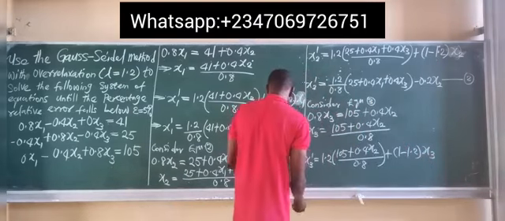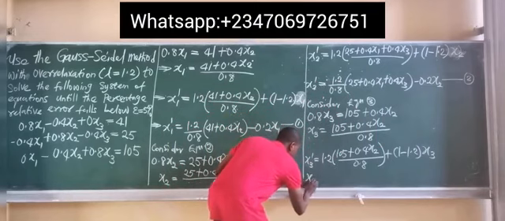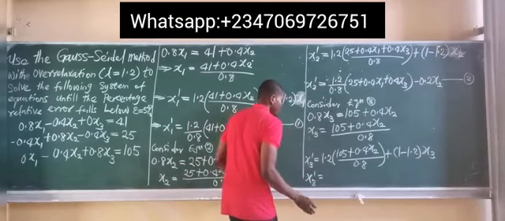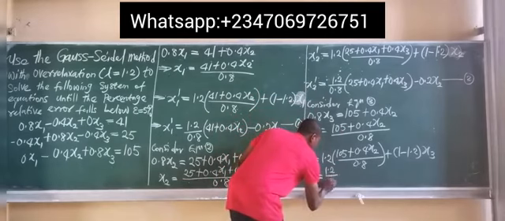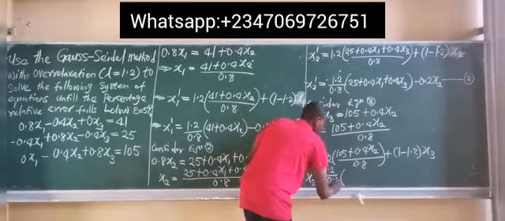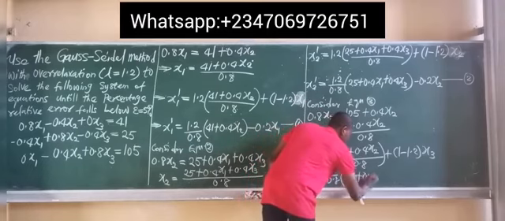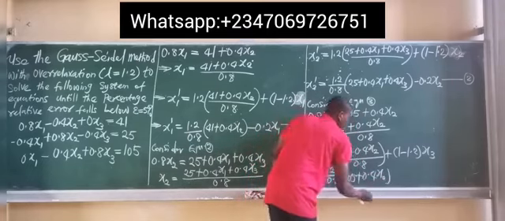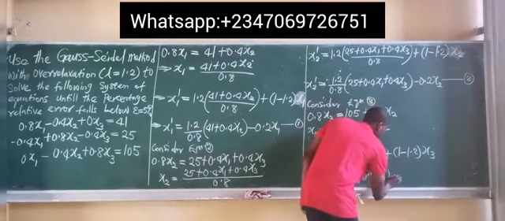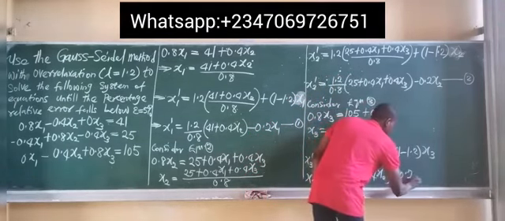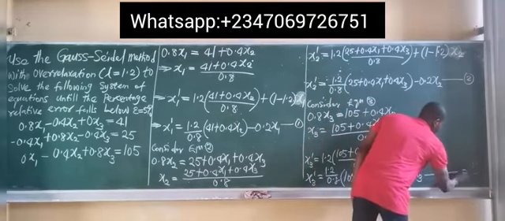So the third equation, which we are going to use to iterate x3 prime, becomes, like always, 1.2 all over 0.8 multiplied by 105 plus 0.4 x2, and of course 1 minus 1.2 gives us minus 0.2 x3. So you call this equation 3.